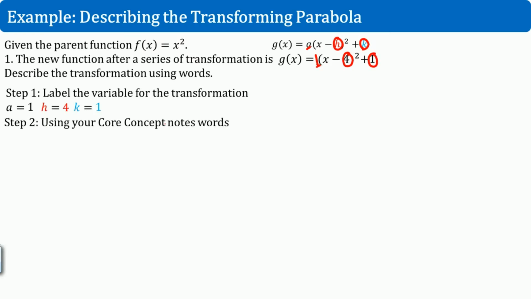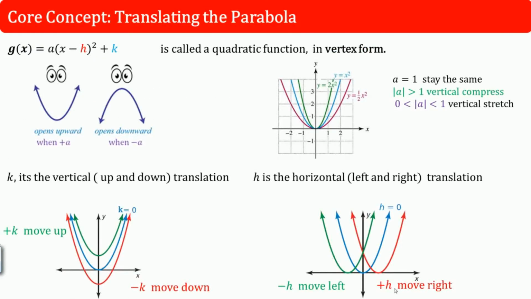Now we're going to use our core concept words to talk about it. When a equals 1, we say there was no flip and no size change. When h was equal to 4, that is right 4. h tells us it's moving right when it's positive.